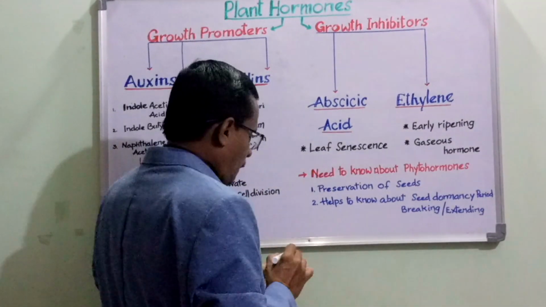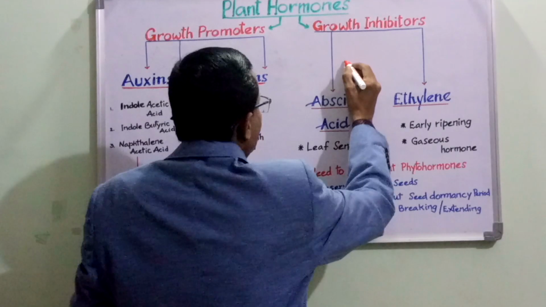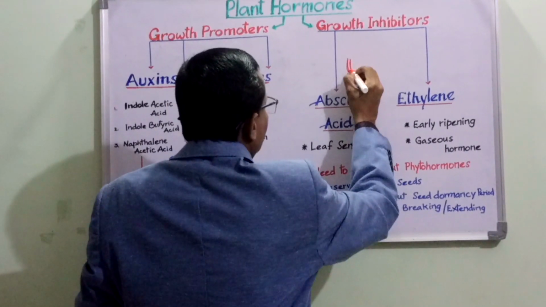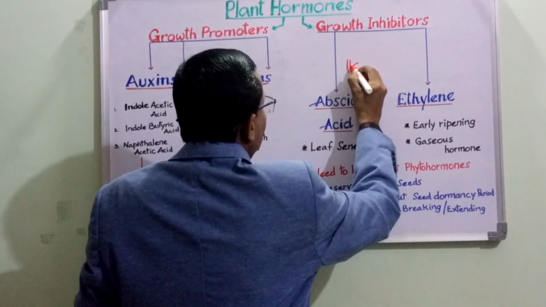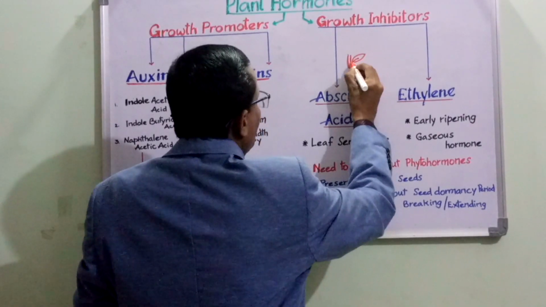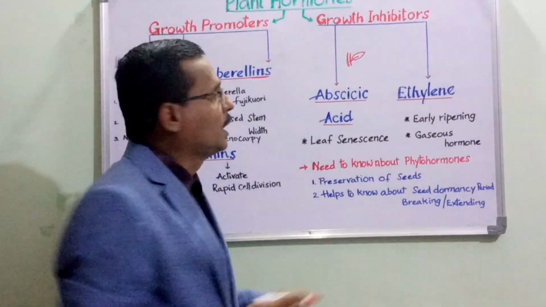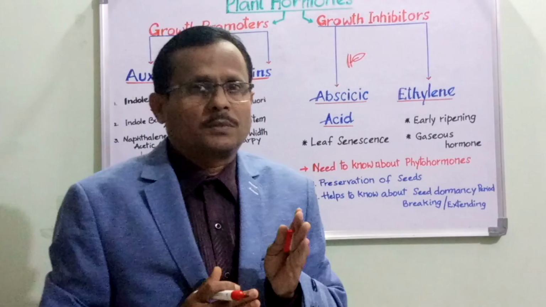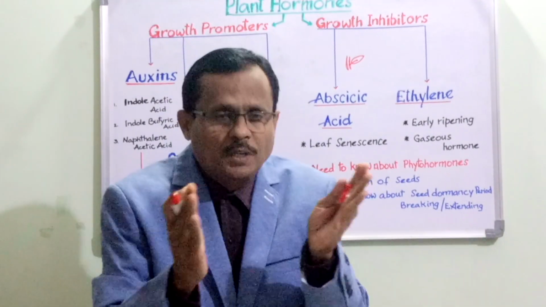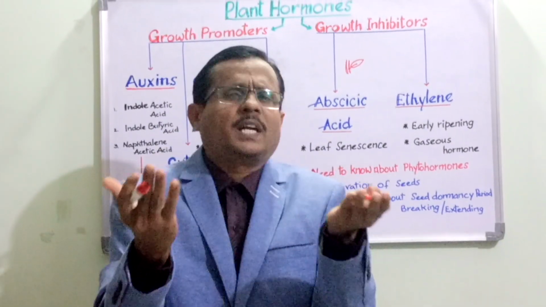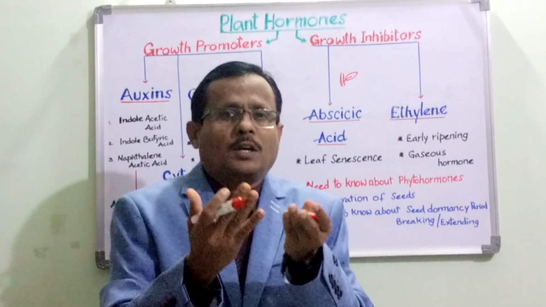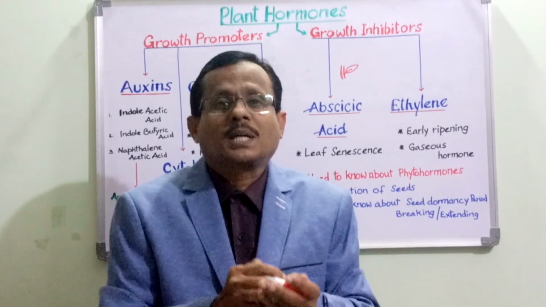Now if you talk about the abscisic acid activation, suppose this is the stem. You find the leaf here, forming like this. At the point of contact of the petiole to the stem, an abscission layer will be formed, causing the detachment of the leaf, which might be aged or which might have lost its vigor due to some infections.